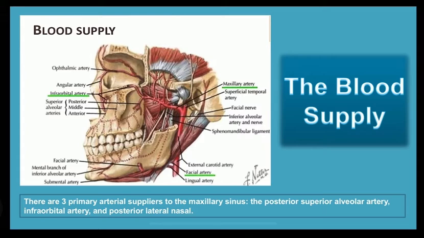The posterior superior alveolar and infraorbital arteries are direct branches of the third portion of the maxillary artery, which in turn arises from the external carotid artery. The posterior lateral nasal artery is a branch of the sphenopalatine artery, which also comes off the maxillary artery. Here in the picture we have the maxillary artery, and here is the infraorbital artery.